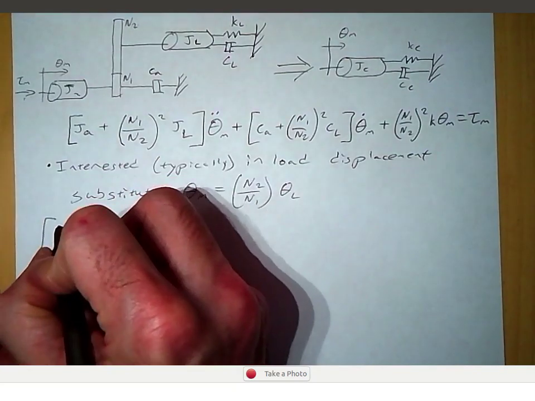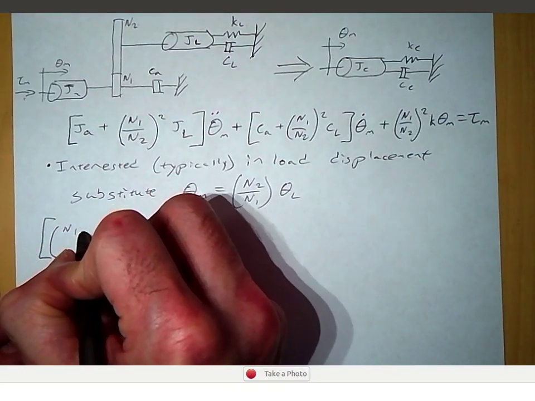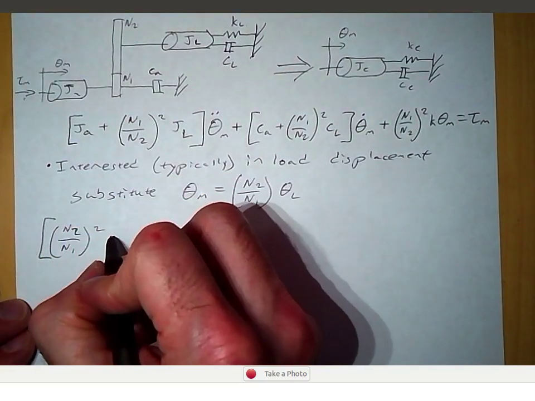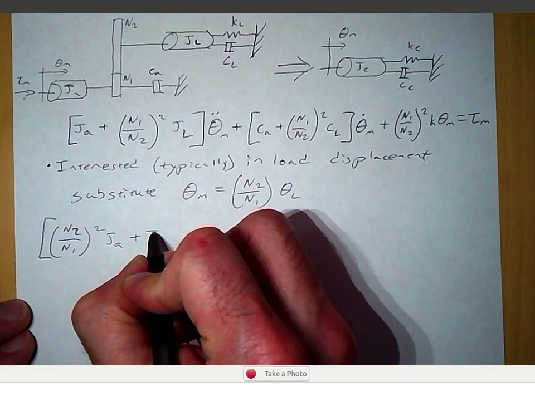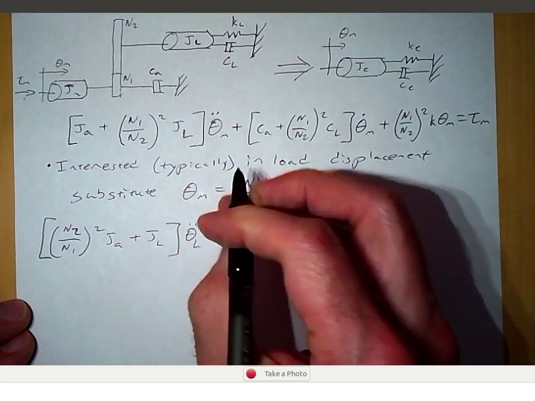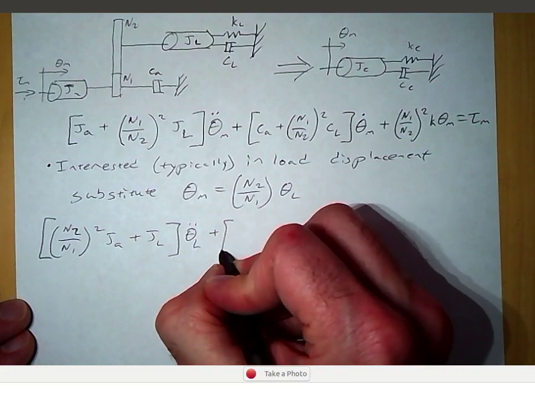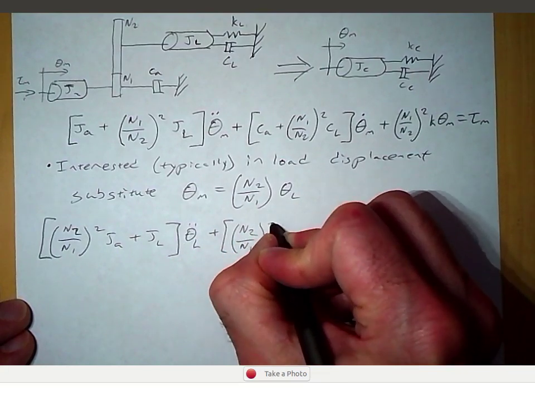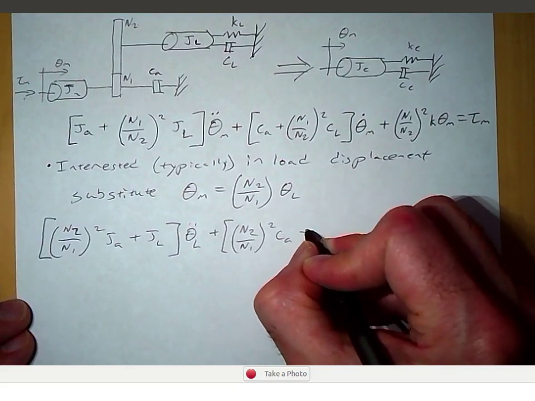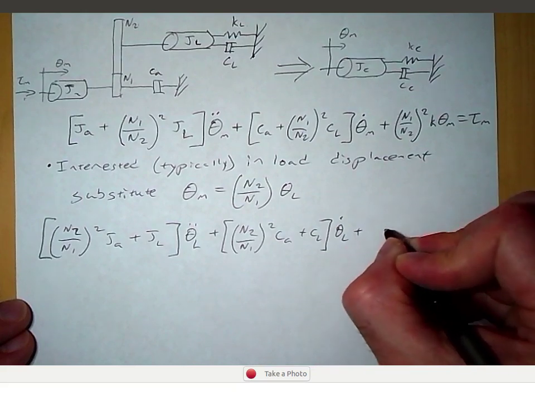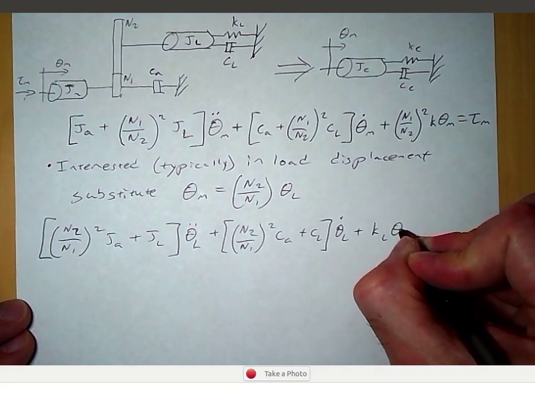We have N2 over N1 squared times JA plus JL, times theta L double dot, plus N2 over N1 squared times CA plus CL, times theta L dot, plus KL times theta L.